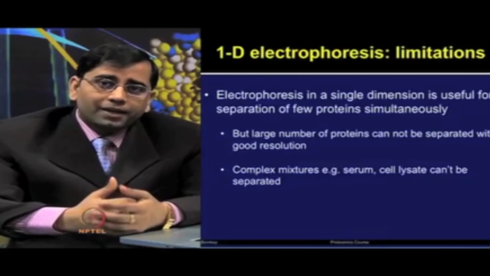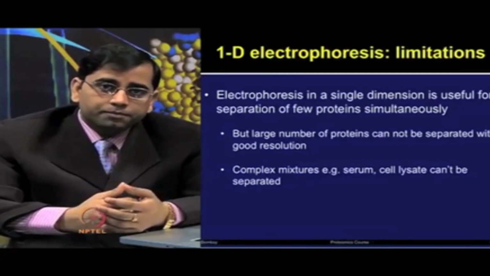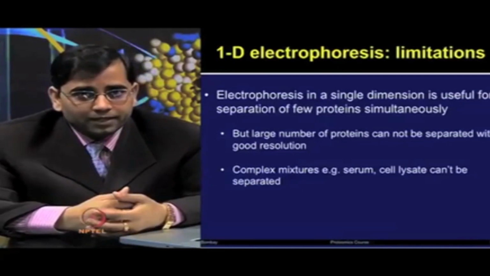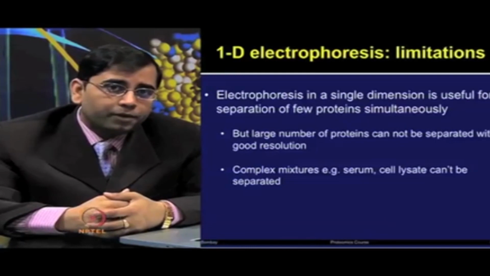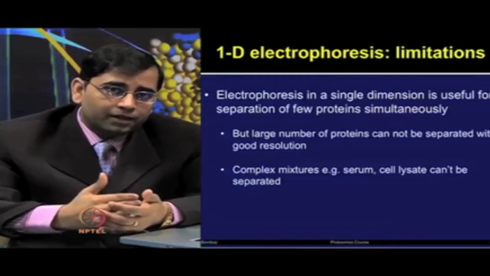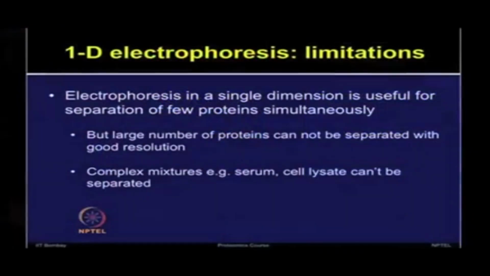If you have very complex samples like cell lysates or serum, then separating those and comparing different types of samples on SDS-PAGE may not be a very good way. In that case, you should apply different methods. One-dimensional electrophoresis is very useful and is being used in almost all the laboratories working in the life science area, but it can address only a few questions.